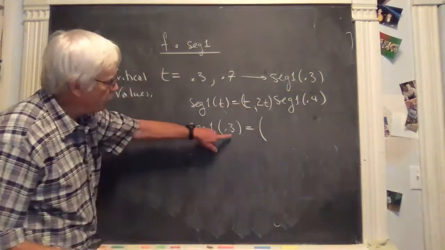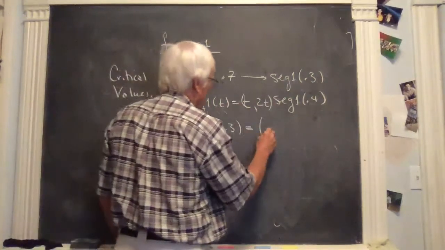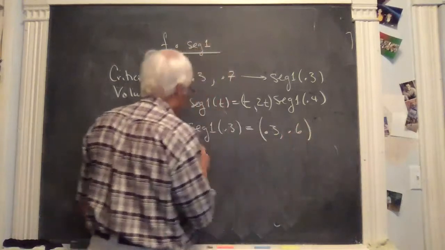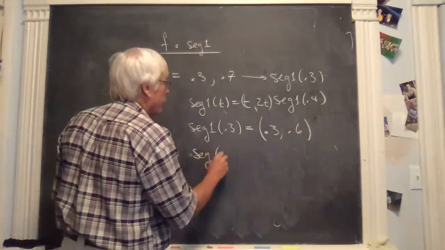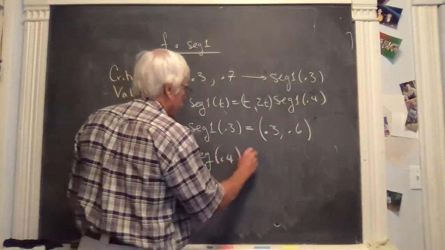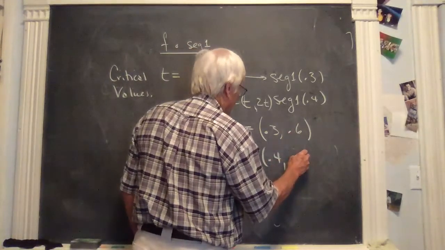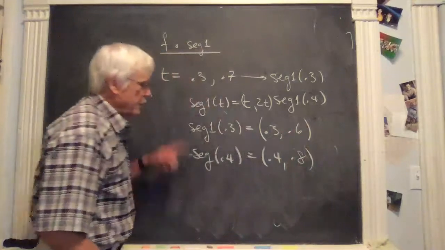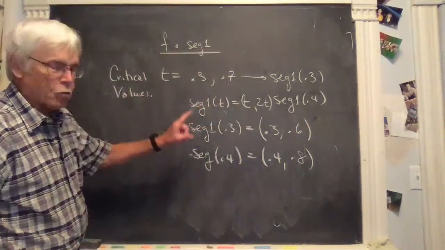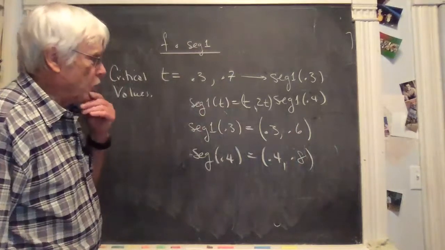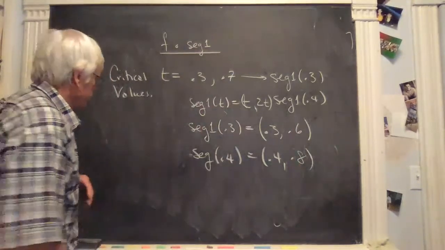So segment 1 of 0.3 is the ordered pair 0.3 and 0.6. And segment 1 of the other made up critical value is 0.7, 1.4. These lie on segment 1, and these are possibilities for the maxes and the mins.